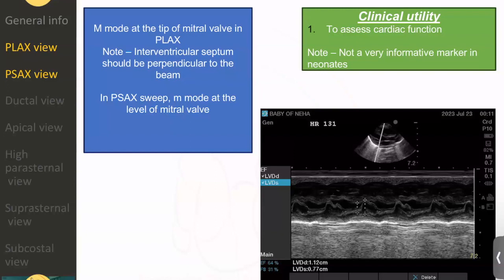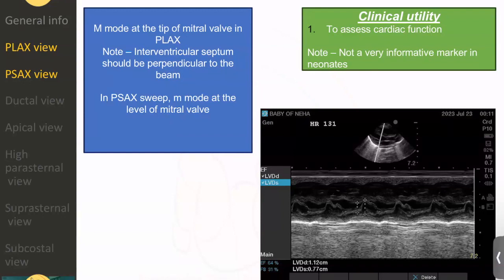Another thing which can be calculated in the parasternal long axis view is the fractional shortening. Neonatologists or physicians or the pediatric intensivist, when they deal with the sick child, they are always interested in knowing whether the child is in shock or not. So adult cardiologists or the pediatric intensivist tend to assess it by fractional shortening. What is fractional shortening?